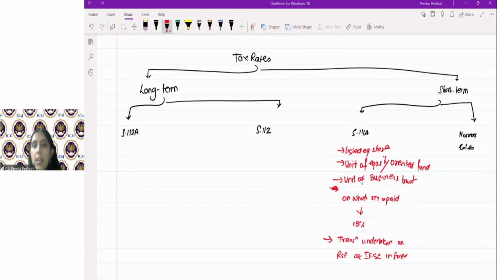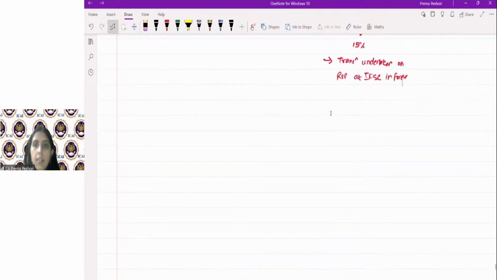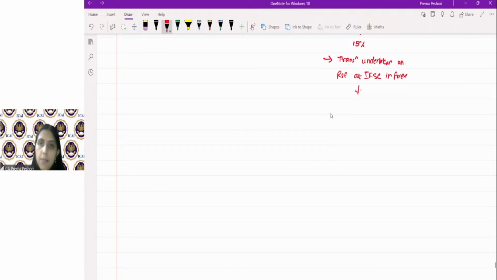Under 111A, in case of a resident individual or HUF, you can utilize the unexhausted basic exemption limit. So you can write it down over here. This is not available for a non-resident, only in case of resident individual or HUF.